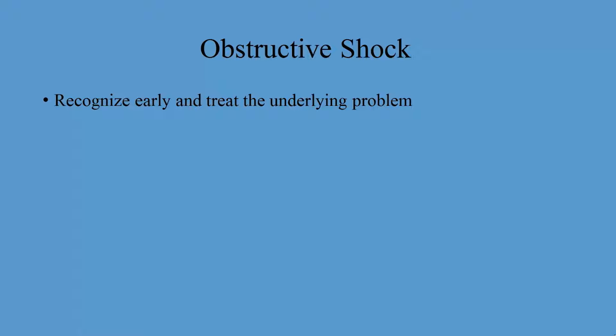So the primary thing to remember here is that it's almost always happening after an injury or an intervention. So whenever assessing somebody for shock, if they've had a recent penetrating injury or a recent invasive procedure, just have obstructive shock on the radar.